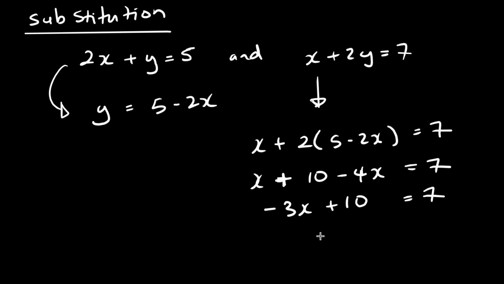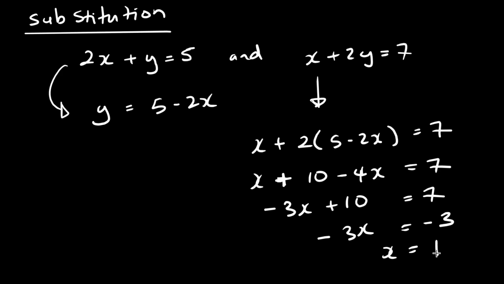We should be okay to this point. Let me check: 2 times 5, 2 times negative 2x gives negative 4x. We end up with negative 3x plus 10 equals 7. Negative 3x is equal to 7 minus 10, which is negative 3, and x should be equal to 1.